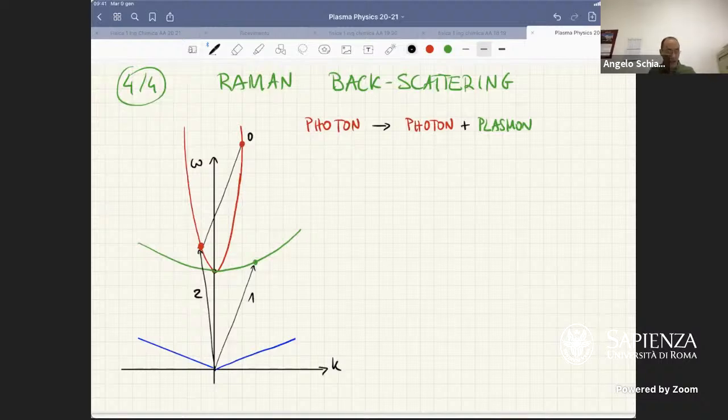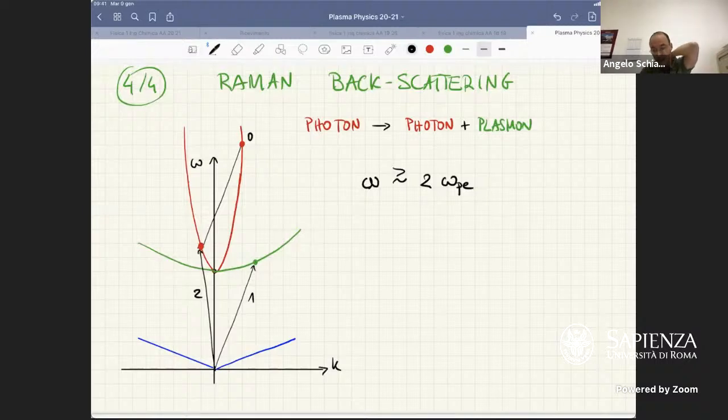Okay, as you see, we need to be at least of the order, omega has to be almost equal or higher than twice the plasma frequency. So we have to be at least higher than quarter critical.